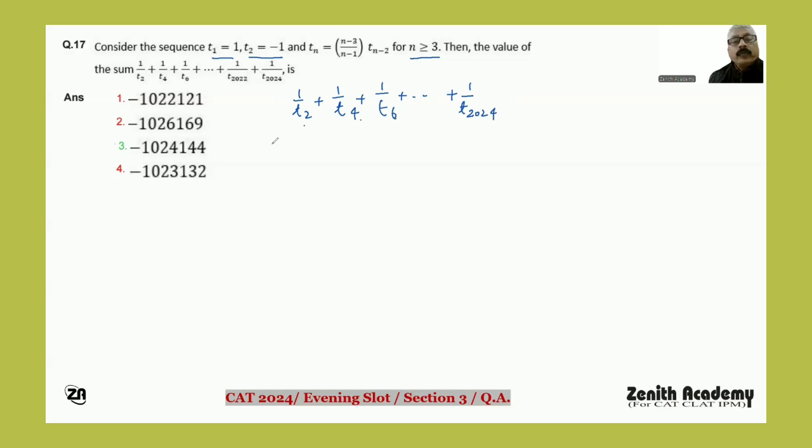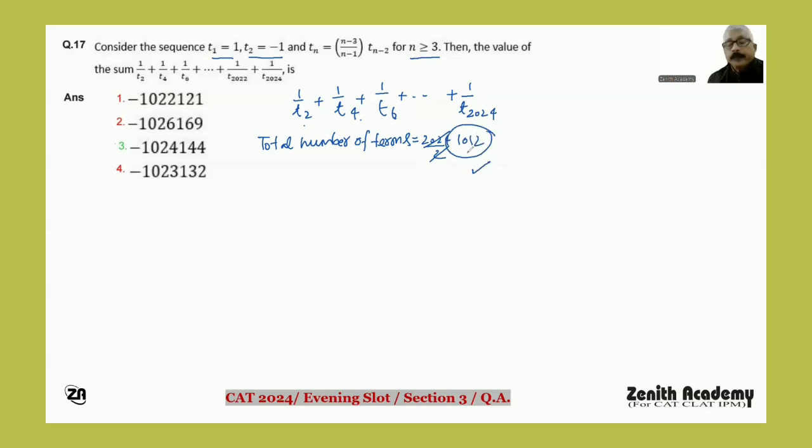So total number of terms in this series is 2024 by 2. Means total number of terms in this series is 1012.